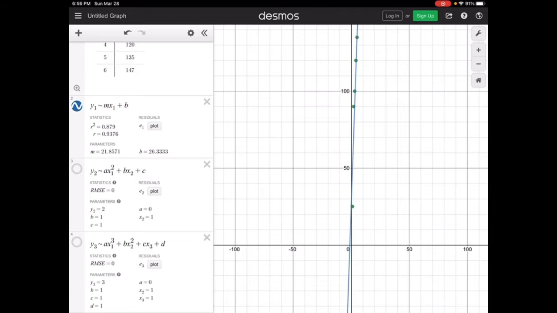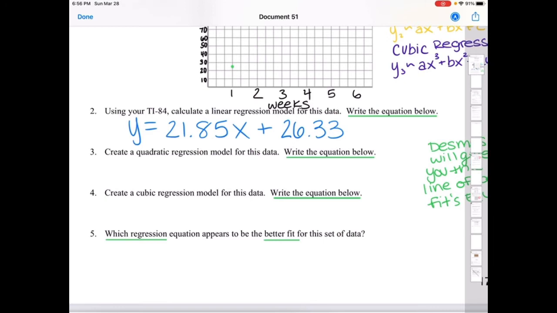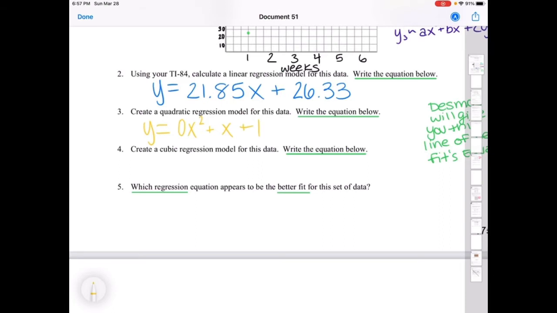Now, it asks us, okay, calculate a quadratic regression for the model and write the equation below. If we go to our quadratic regression here, it tells you our values down here as well. So b and c is equal to 1, a is equal to 0. So we're going to have y is equal to 0x squared plus x plus 1. So you could have actually also written y is equal to x plus 1 because we have a 0 here.